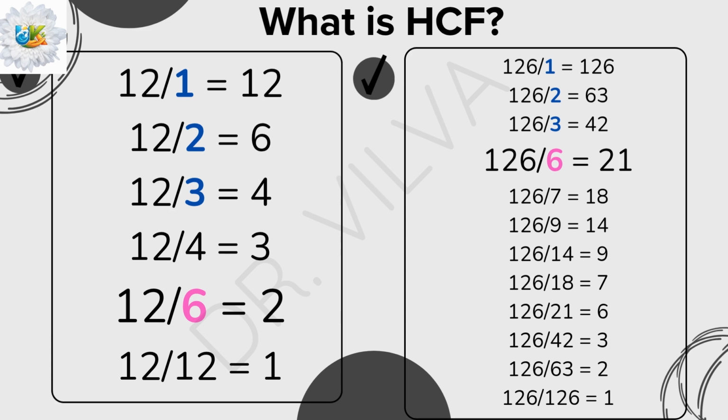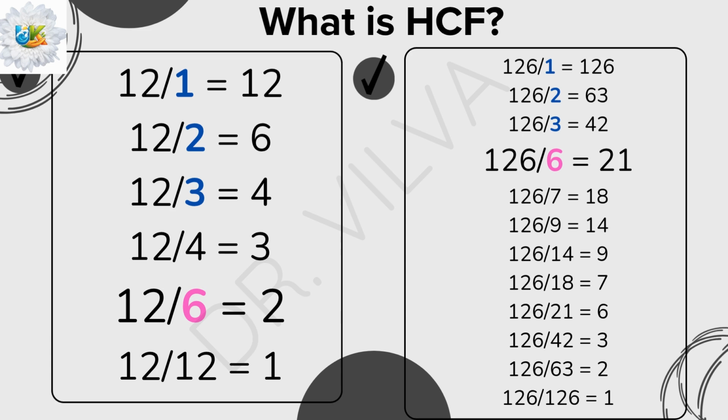If you divide 12, the possible divisors are 1, 2, 3, 4, 6 and 12. Similarly, for 126, the divisors are 1, 2, 3, 6, 7, 9, 14, 18, 21, 42, 63 and 126.